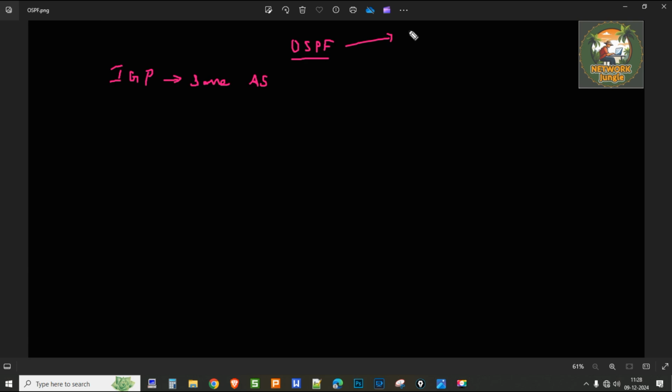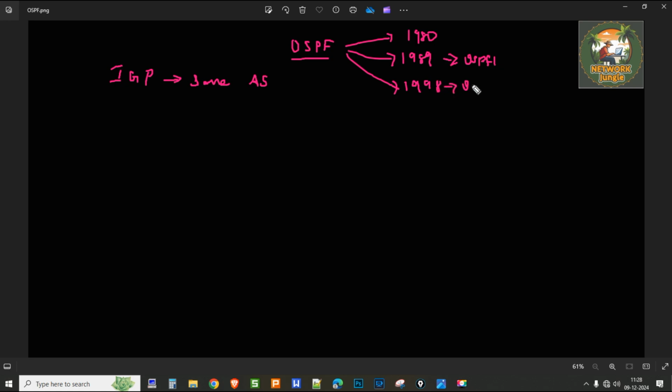OSPF versions. It started from research in the 1980s in ARPANET. In 1989, it was introduced and standardized as OSPF version 1. In 1998, OSPF version 2 was introduced.